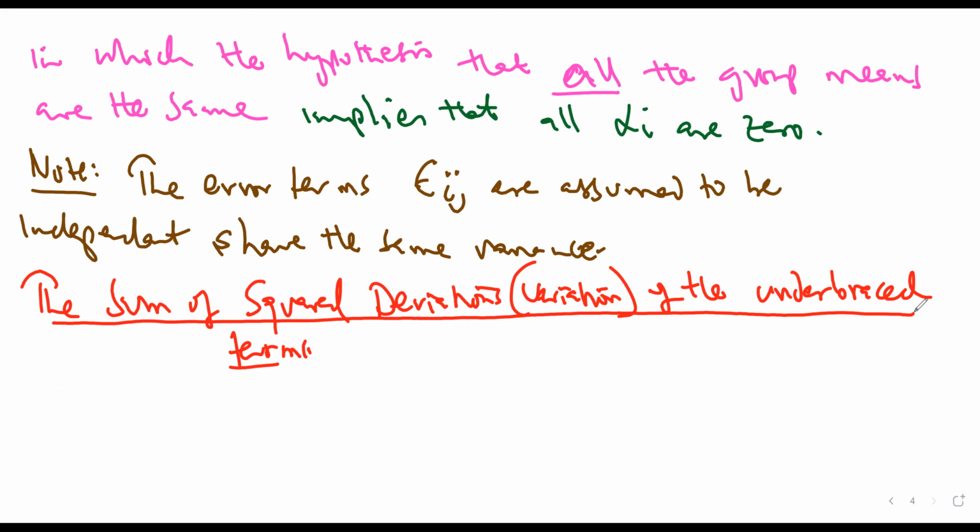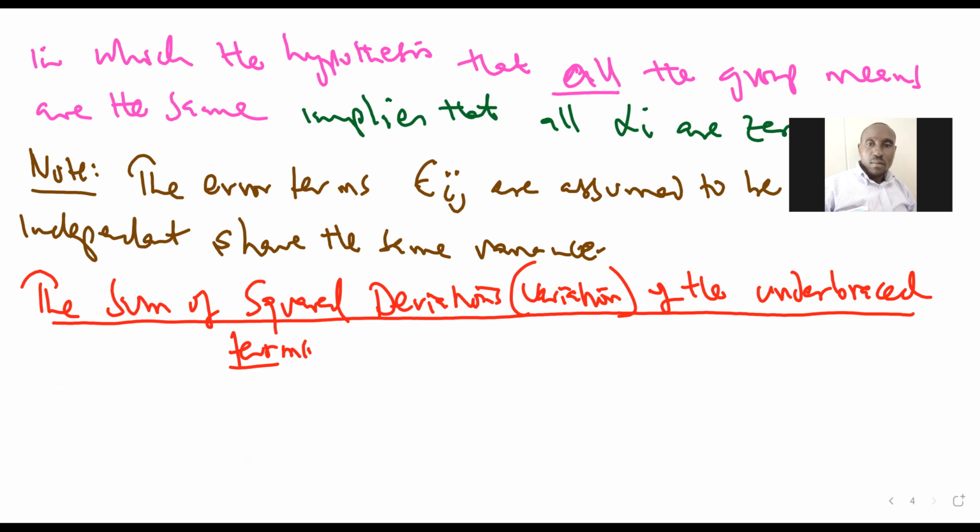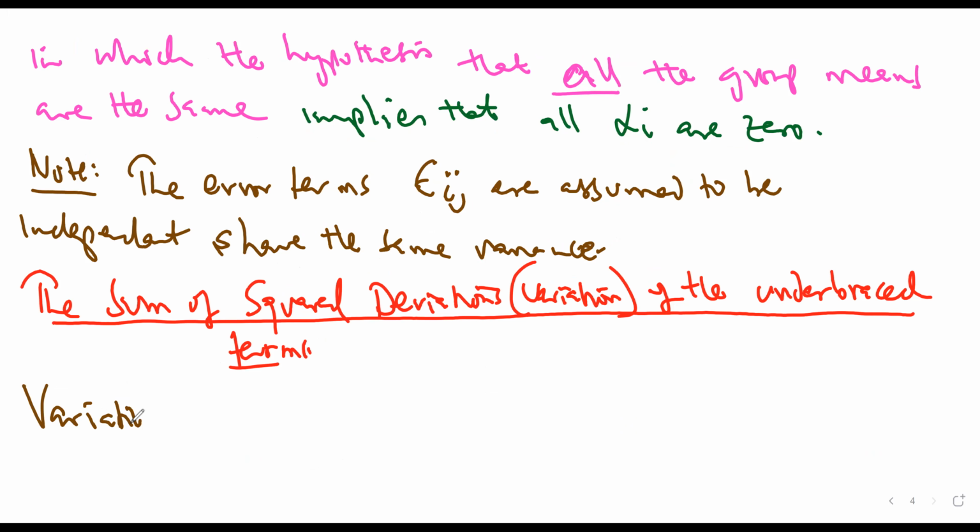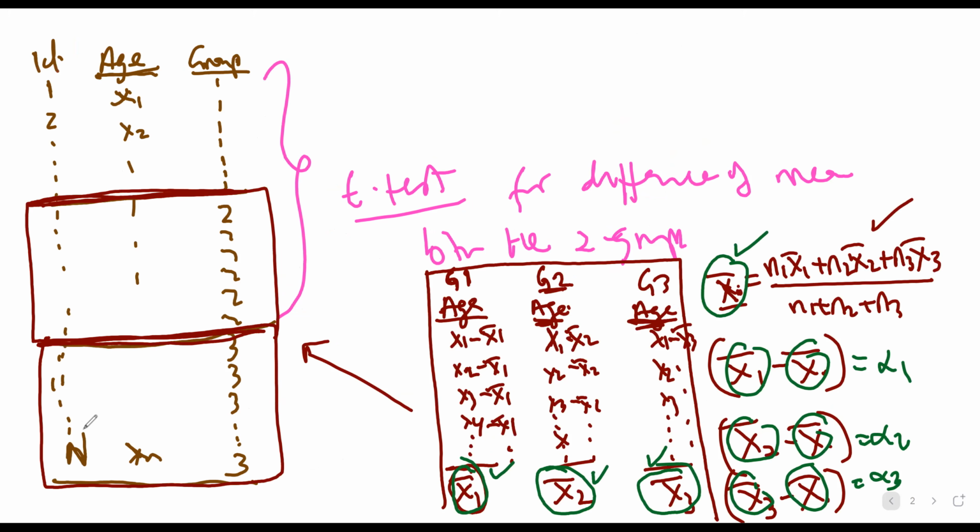So there are two types of deviations that we're going to mention here. There's a third one which will come in. One of them is called the variation within groups. I hope you can notice when you come here, this is what we are calling variation within groups.